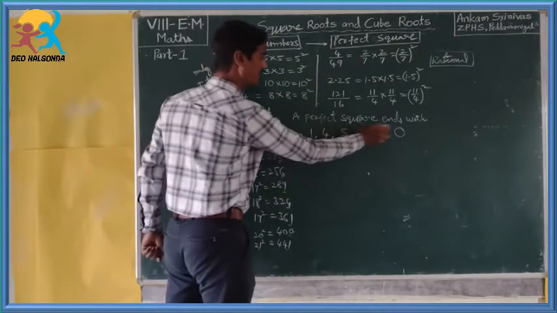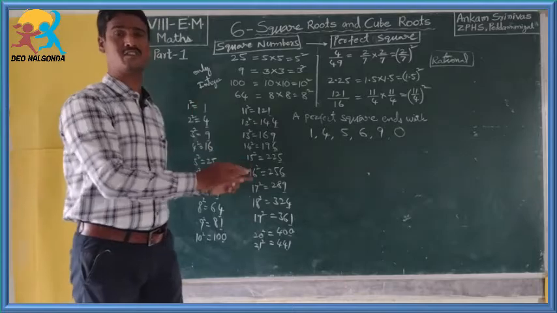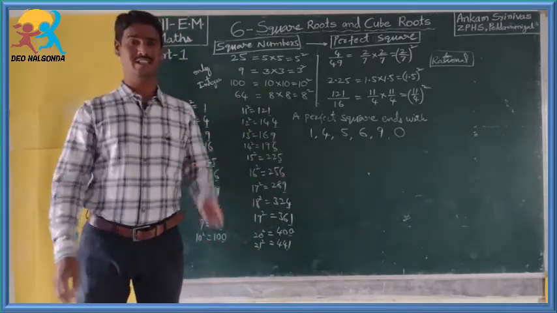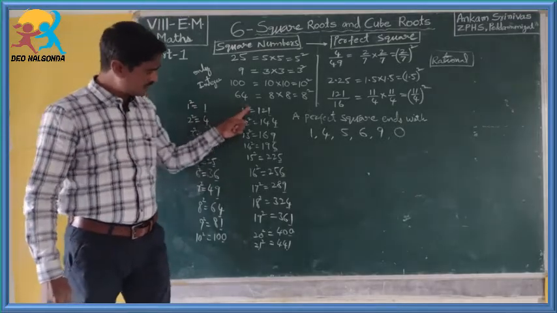These 6 digits only repeat in the unit digit of a perfect square. Yes or no? Clearly you can observe here.